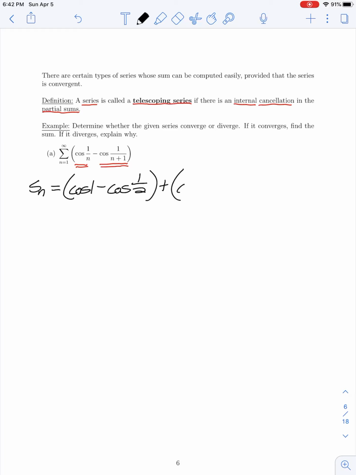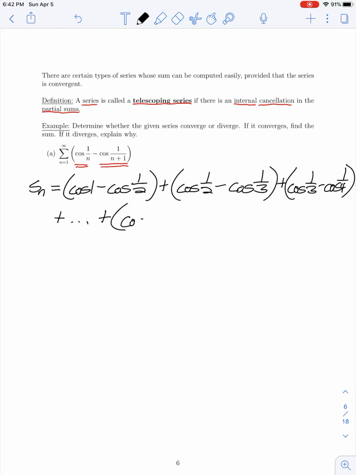So if we plug in n equals 2, we would have cosine of 1/2 minus cosine of 1/3. Plus, if we write the next term in our series, plugging in n equals 3, we have cosine of 1/3 minus cosine of 1/4. And we're going to keep listing these terms until we get to the nth term. That is cosine of 1 over n minus cosine of 1 over n plus 1.